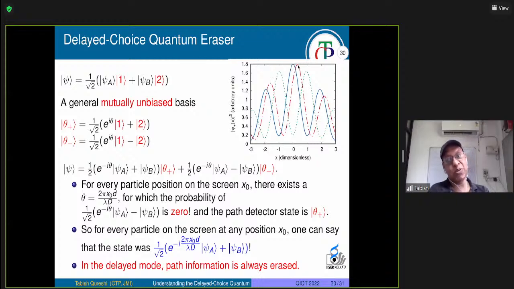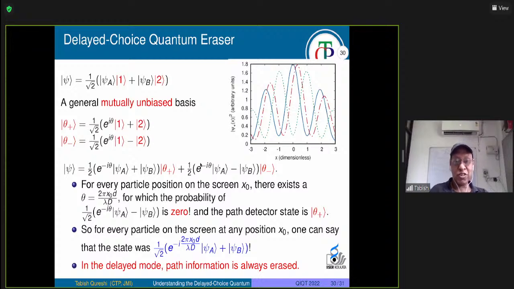And that will tell you that the particle has gone through both the slits. In other words, for every particle position on the screen x0, there exists a theta for which the probability of getting the minus 1 is 0, and the path detector state is this one. And this you can also verify in the experiment.